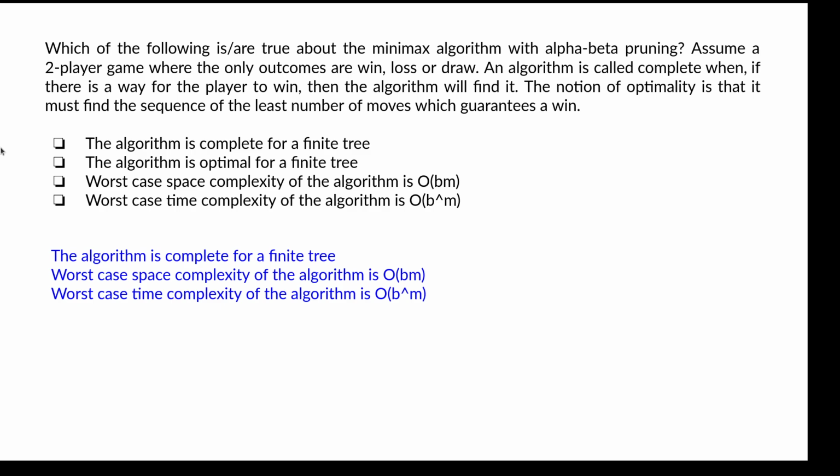Worst case space complexity for the algorithm is O(bm), and worst case time complexity is O(b^m). Do you think it is the same as the minimax algorithm? No, every time it would not be like that, but the worst case is given, that's why it is written. In the best case, what is the best case time complexity for minimax with alpha beta pruning?